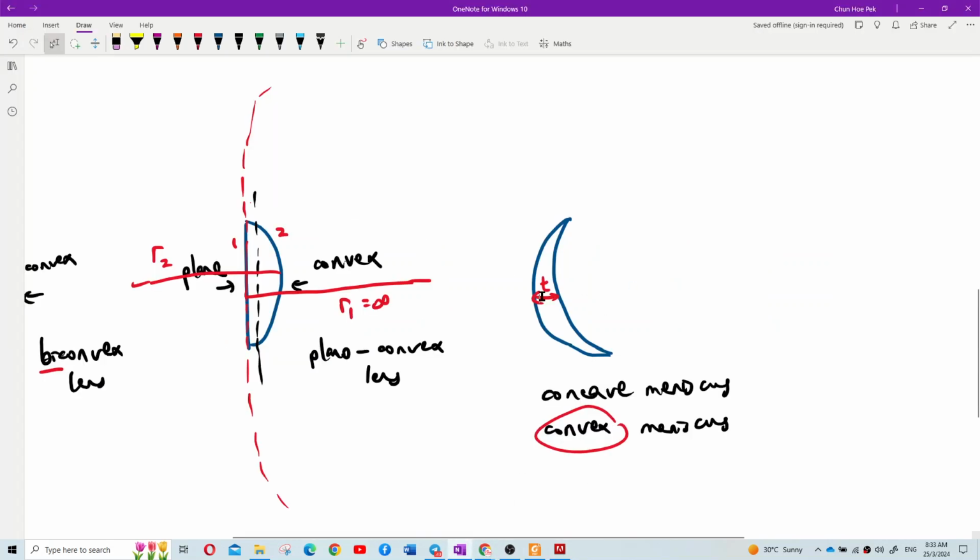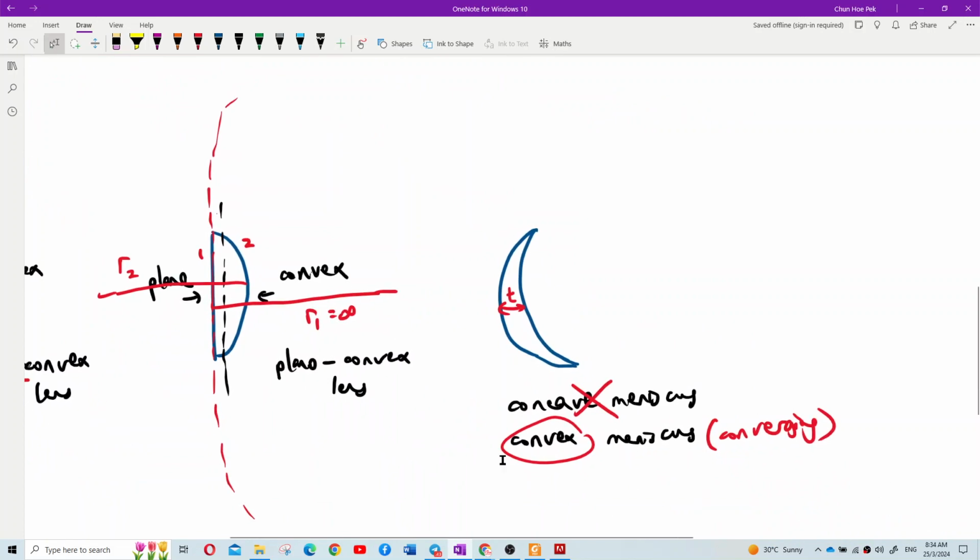So this one is convex meniscus. It's converging, so it's not concave. It's a converging lens.